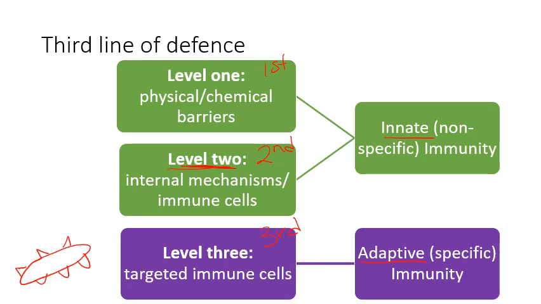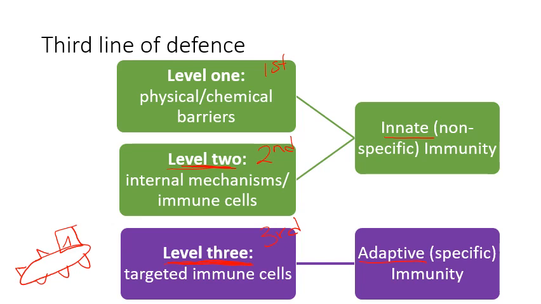Usually about 5 to 7 days later, that's when your third line of defense kicks in, and we'll talk about what's in your third line of defense in a moment. But essentially your third line of defense is made up of very specific targeted immune cells that will only scour your body looking for pathogens, or anything really, that have this specific exact triangular shaped antigen.